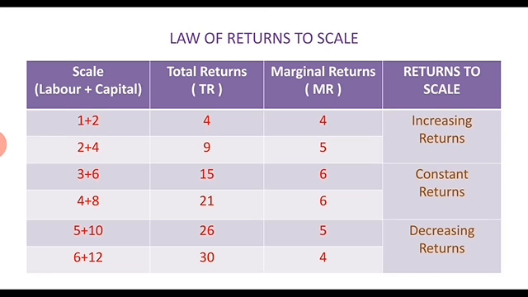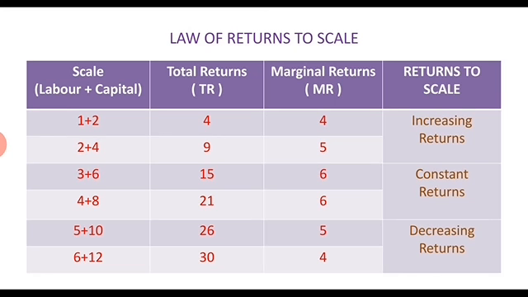At the 2 plus 4 scale, marginal returns are 5. These are increasing returns. At the scale 3 plus 6 and 4 plus 8, marginal returns are 6 and 6.